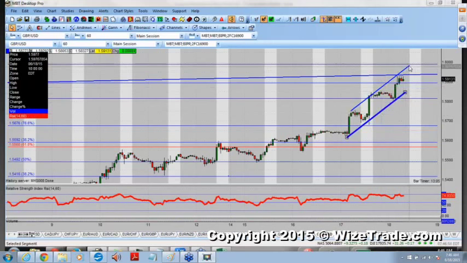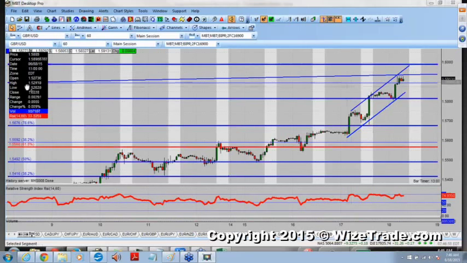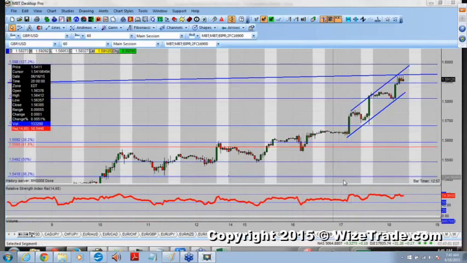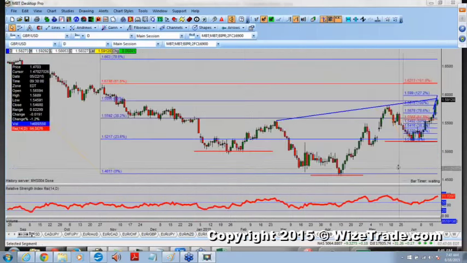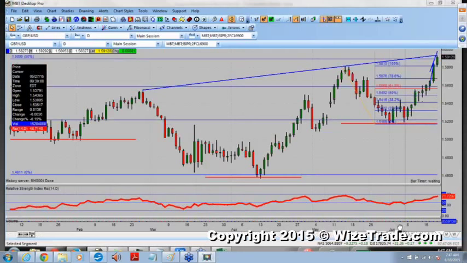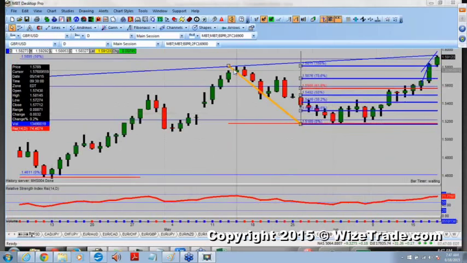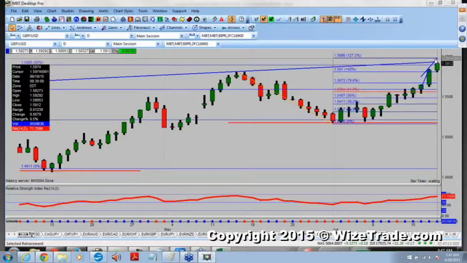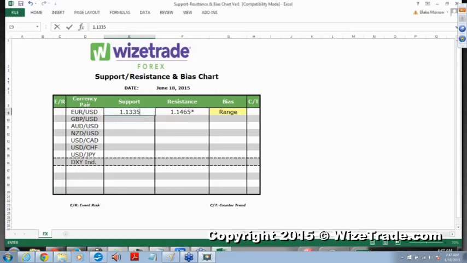So resistance from here would probably come in at 160, because we have this 159.99, 159.90 which is the 127% extension. Let's make sure that number's correct. $159.85. That'll be resistance. 159.85.